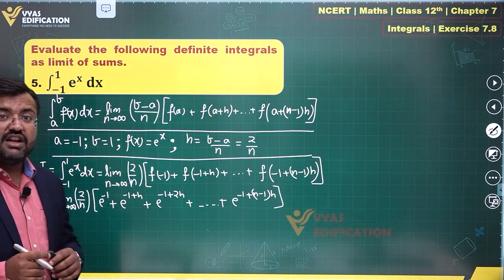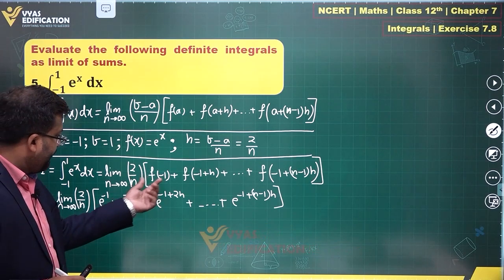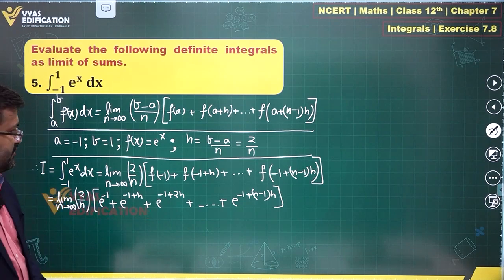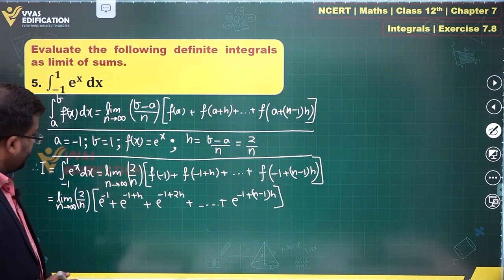Take a look at this expression: replacing f(-1) with e power -1, using f(x) equal to e power x. Now our target is to simplify this somehow.